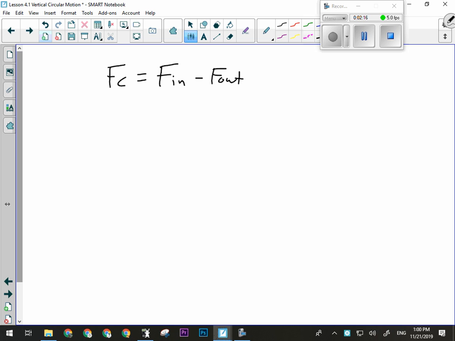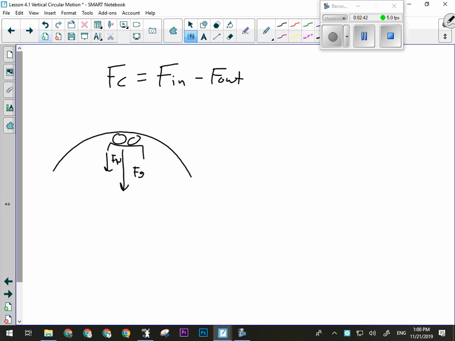If we're talking about an object that is going under the loop, like in that position there, then we know that there would definitely be a force of gravity, and there could possibly be a normal force. If we're going faster than the minimum speed, then there would be a normal force there. If we're not, then there's just going to be Fg.